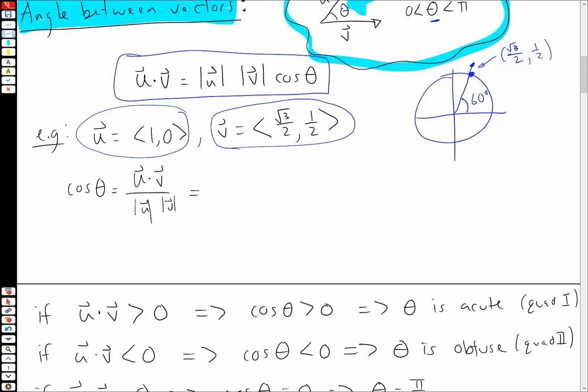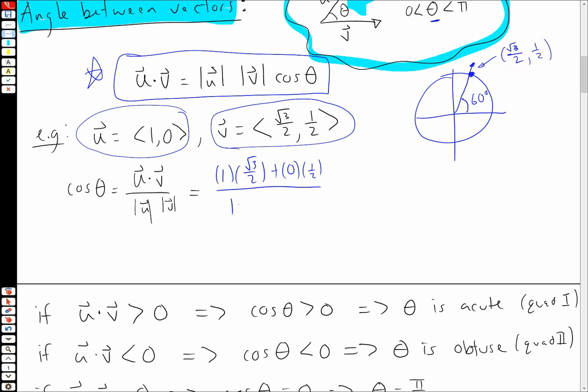So cosine of theta, so we're shuffling around our equation up here, cosine of theta is equal to u dot v divided by the product of the lengths. So what is u dot v in this case? It's 1 times square root of 3 over 2 plus 0 times 1/2, divided by the length of u. The length of u is just 1.